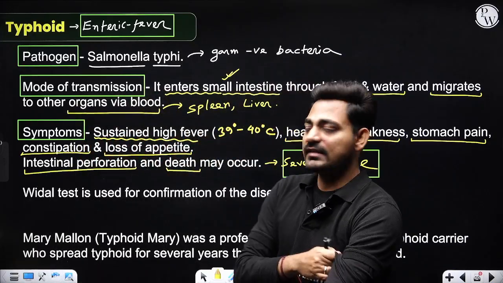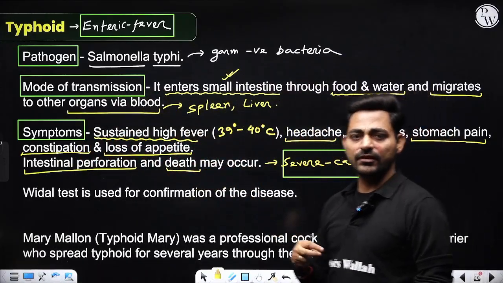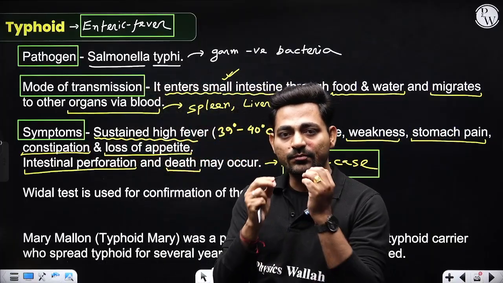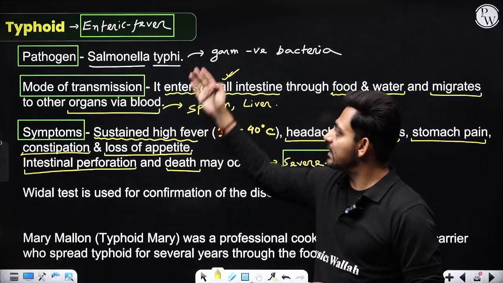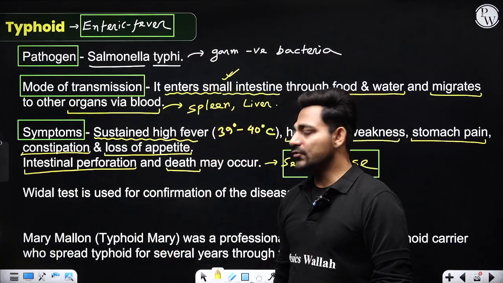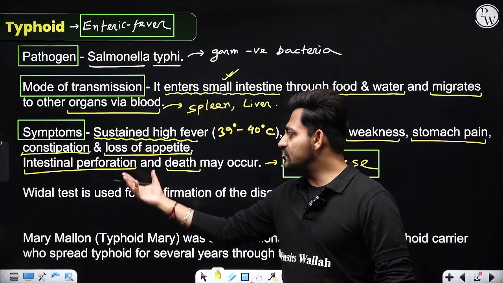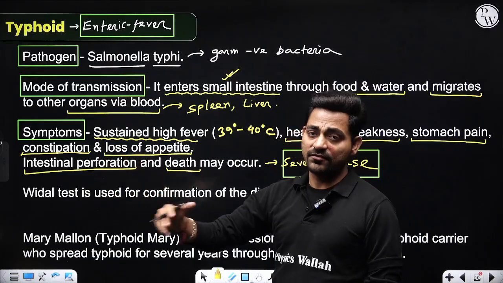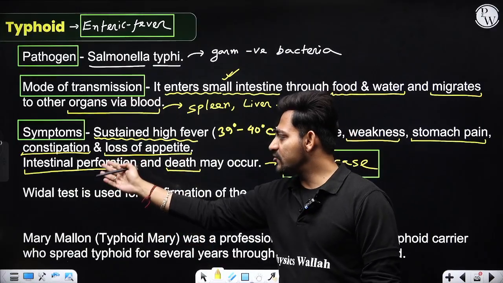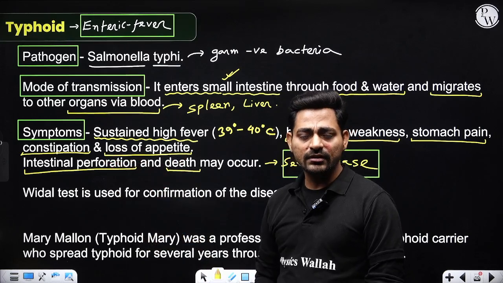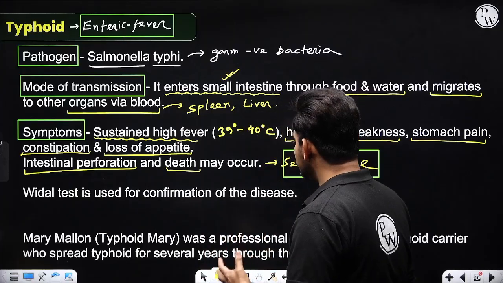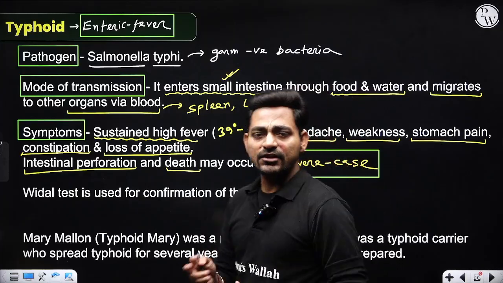Okay, that is the last stage if the patient is not taking proper antibiotics against salmonella, right? So huge damage will be there inside the small intestine, inside the stomach, or even the large intestine. So that is called intestinal perforation. The wall of intestine will become leaky, and there will be no digestion.